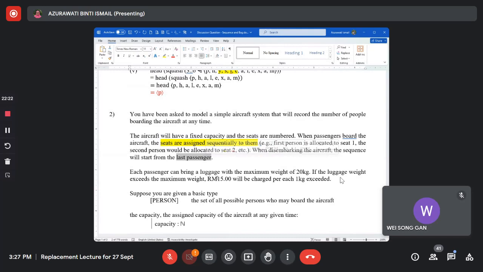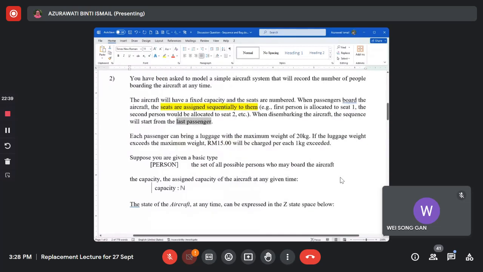Last in, first out. If you are the last passenger in the aircraft, then you are going to be first out. Here there is also a calculation: if you bring luggage, the maximum is only 20 kg.